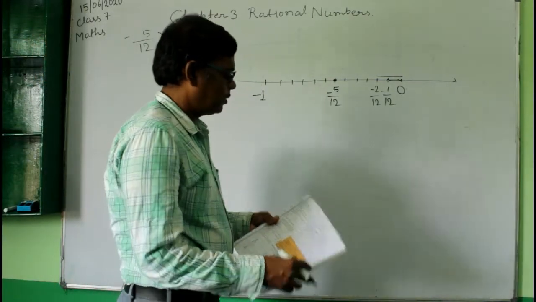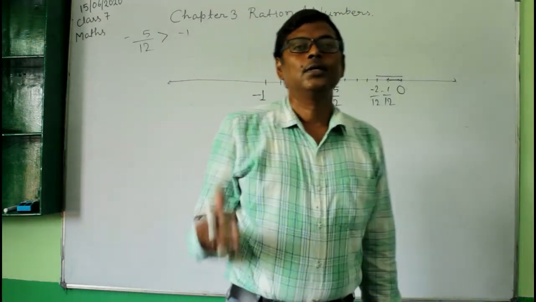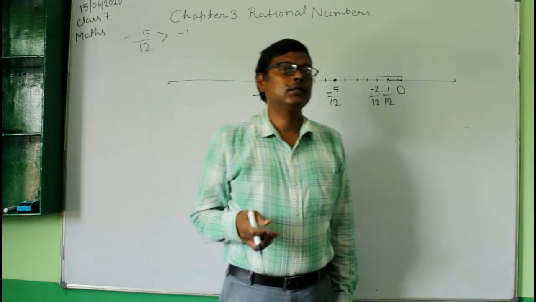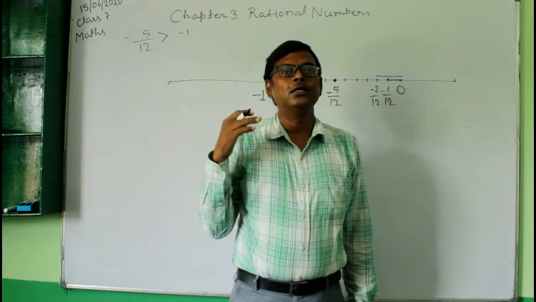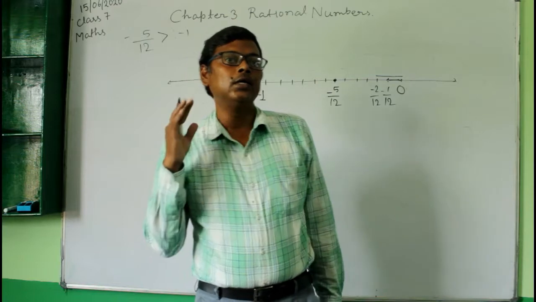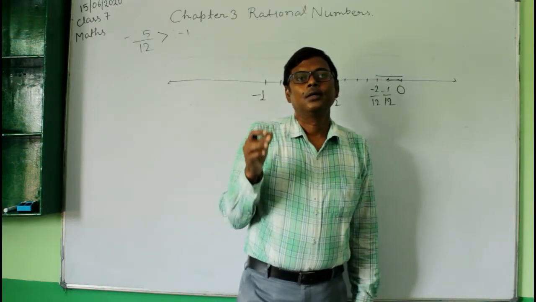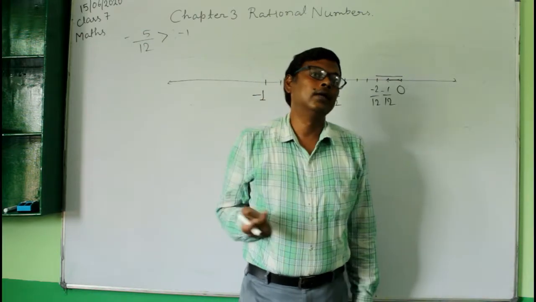Now next is the standard form of a rational number. So what is the standard form? When we write the rational number in the standard form, the numerator and denominator must be co-prime. Co-prime means that there is only one factor common between numerator and denominator, that is 1.